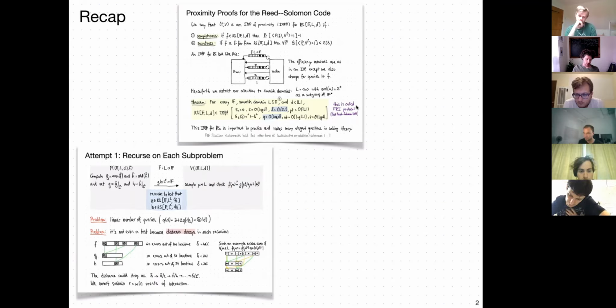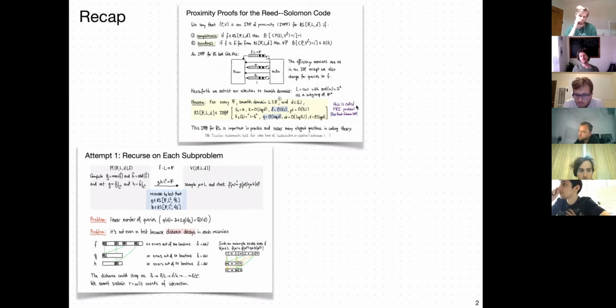Okay, so the next step that we had, so we said that here we have a problem. We actually had 2 problems. The first problem was that if we do this thing, then we recurse and we split the problem into 2, but then we solve both of these problems. And so we get nothing by this recursion. We don't get any saving, and the complexity is large. So we get a linear number of queries.